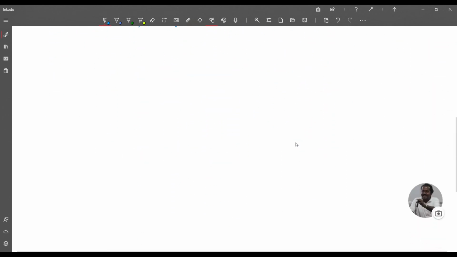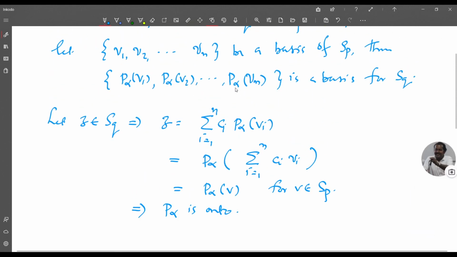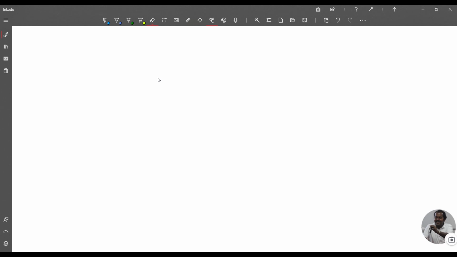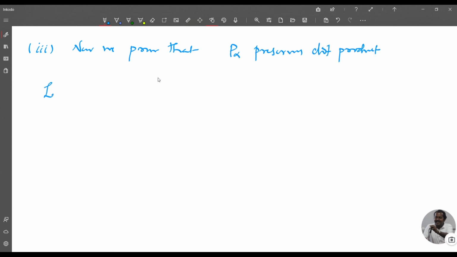Now we prove that P alpha preserves dot product. This property we have actually used in the proof of one-oneness. Now we prove that P alpha preserves dot product. Let v, w belong to SP.